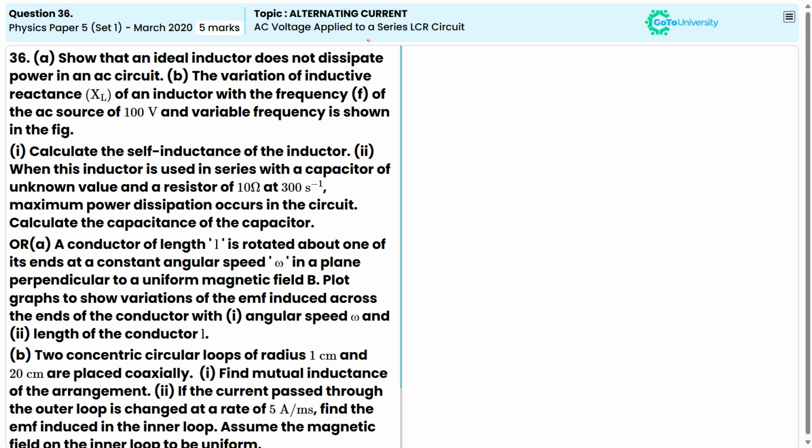Here the second question is finally the EMF induced in the inner loop. The EMF induced in the inner loop is equal to minus M into dI by dt. From the previous question we know the value of M is 10 power minus 9, so we can write minus 10 power minus 9 into dI by dt.